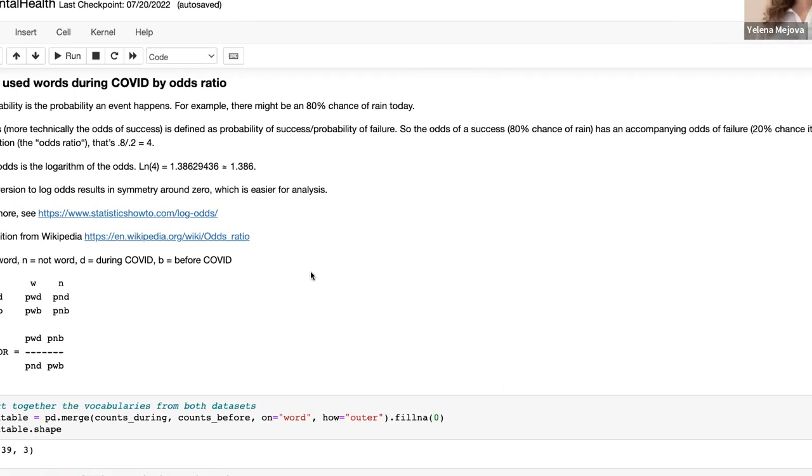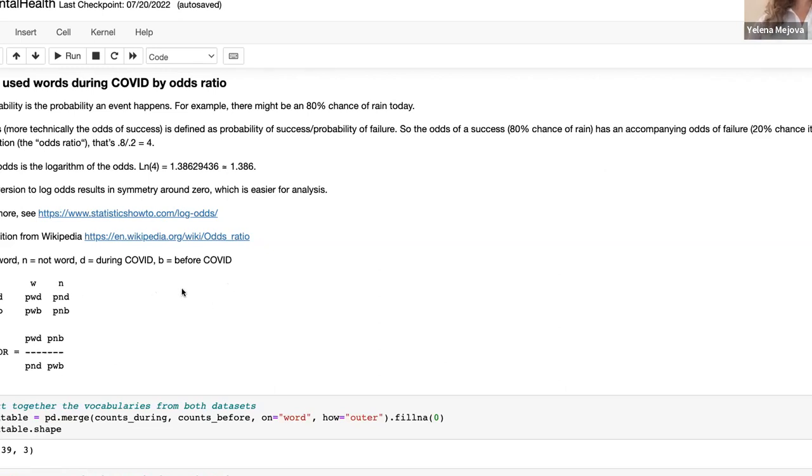So is the mentioning of beds different between them? So for example, the word COVID, we talked about it before 0 times pretty much, right? Because it was named COVID some time afterwards. And during COVID, it's pretty much everywhere, right? So we want to be able to see what are these words that we're talking about more?